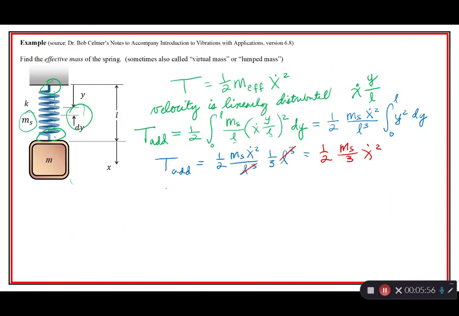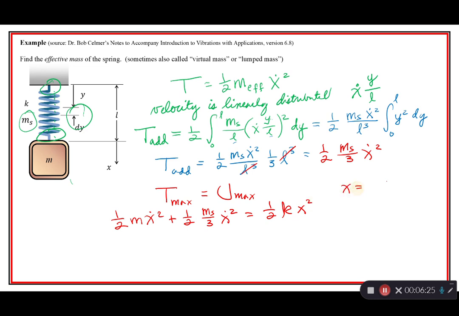So if we say T max equals U max, in the T max we had 1/2 m x dot squared, but now we have the additional part: 1/2 ms over 3 x dot squared is going to be equal to 1/2 k x squared. Substitute x is equal to big X, and x dot is equal to big X times omega n.